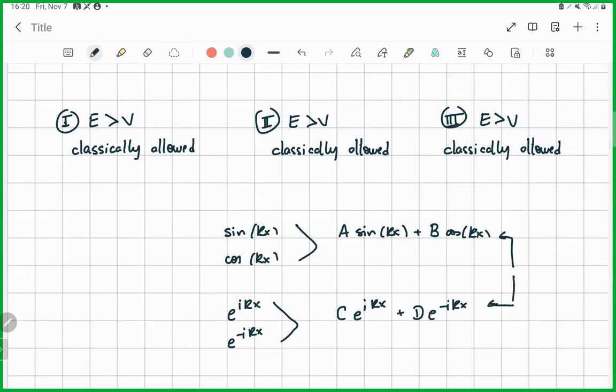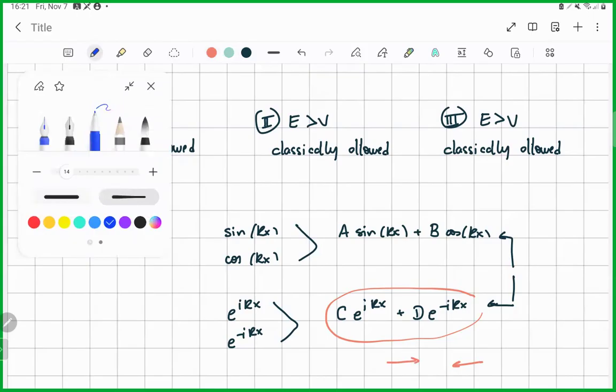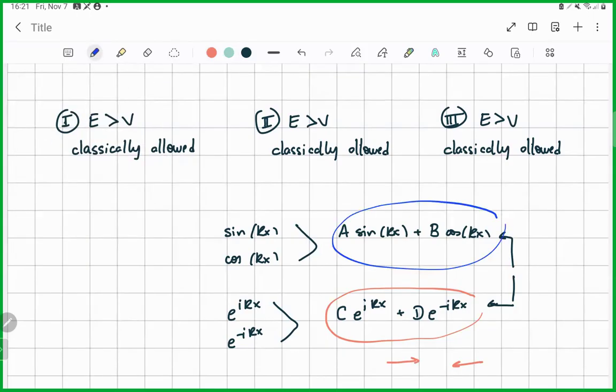Well, when do we prefer one over the other? Both are correct, but it's convenient to use this one when we need to think whether the motion is to the right or to the left, whether the wave is moving to the right or the wave is moving to the left. When we are in bound regions of space, then this one is more convenient.